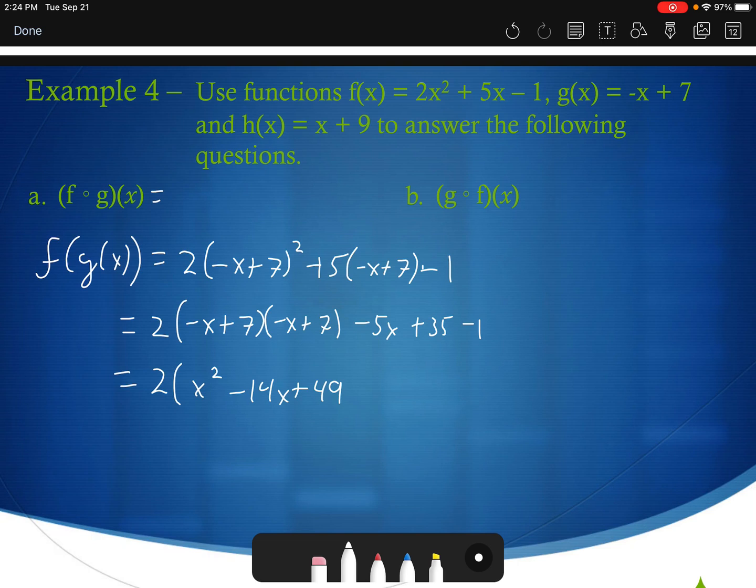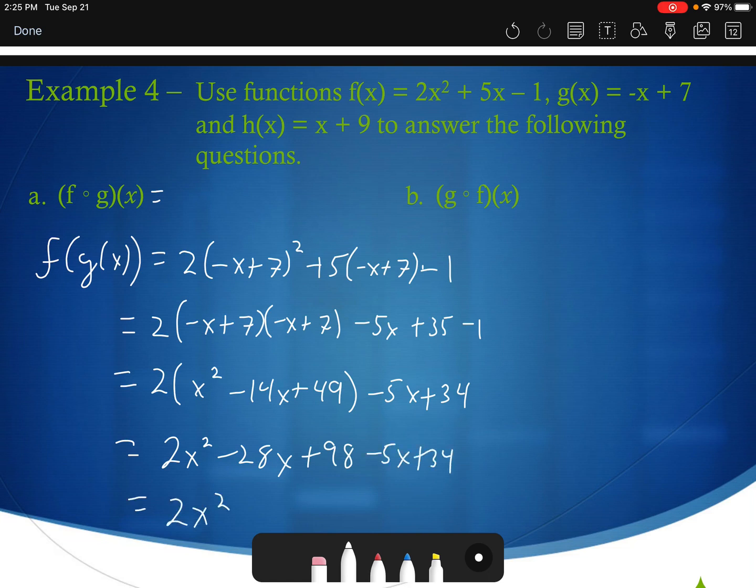So 2x squared minus 28x plus 98 minus 5x plus 34 gives us 2x squared minus 33x plus 132. And the domain, obviously, would be negative infinity to infinity, because that's a parabola.